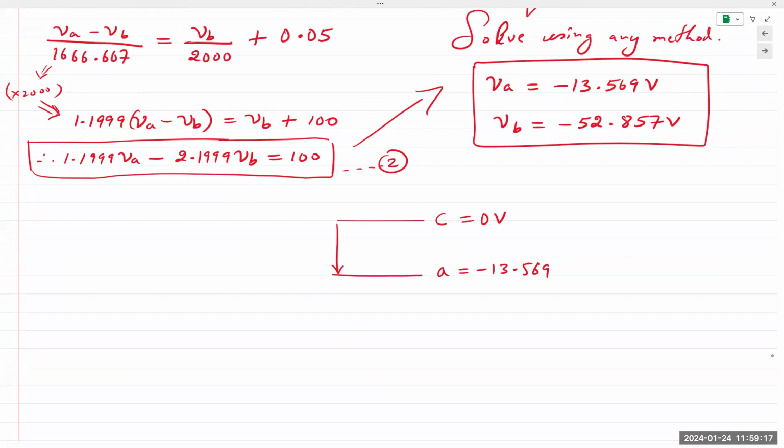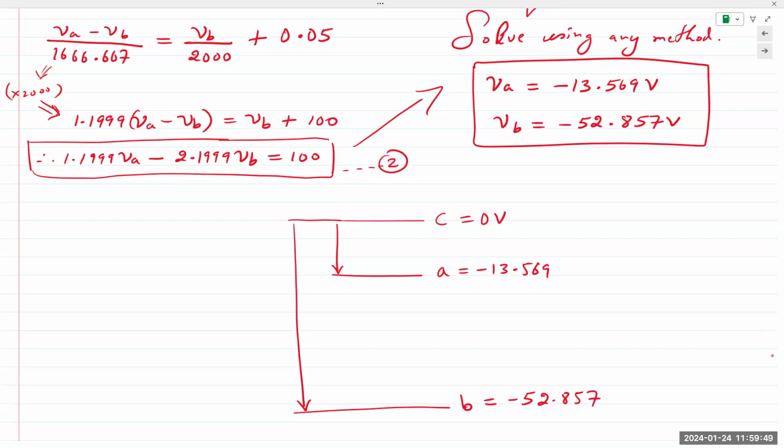So A is 13.5 volts below sea level. It's underwater. And B is even further down, of course not to scale, at minus 52.857. Does this make sense to everyone? That's all it means. It doesn't mean anything else.